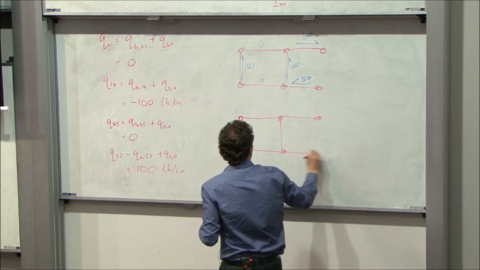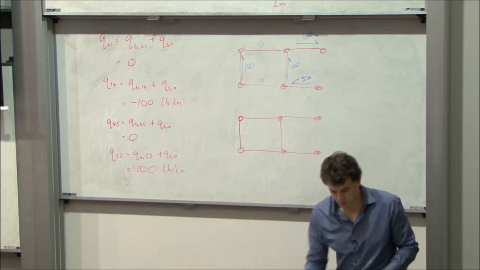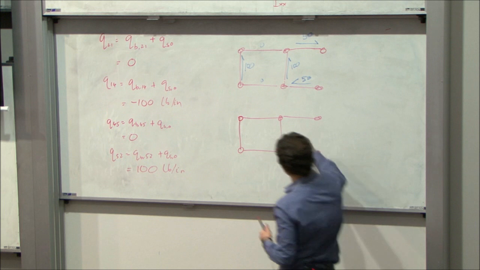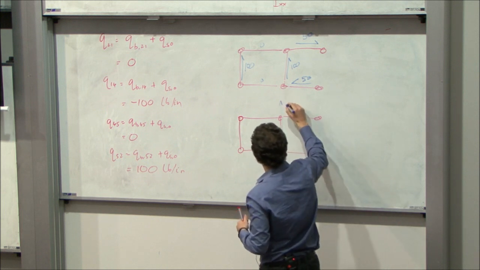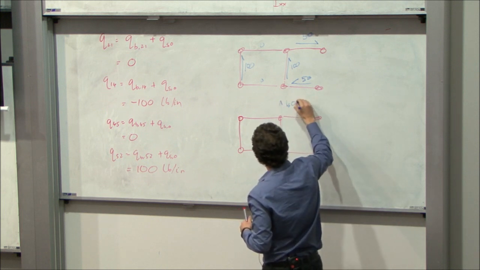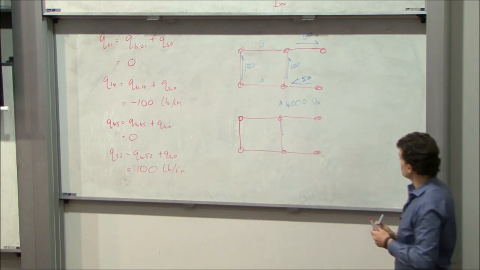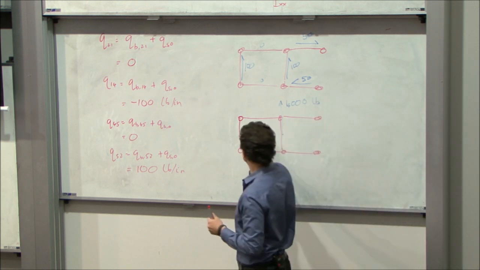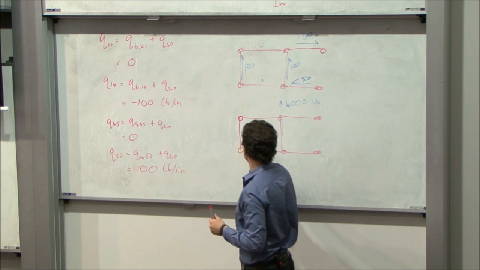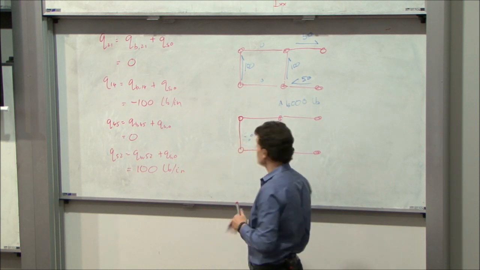So if the problem had instead said that your force was applied here, what you have to do is work out where the shear centre is. Let's assume it's, say, 6 inches from the front.